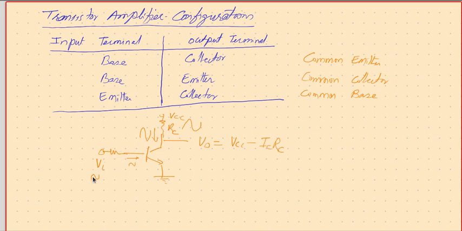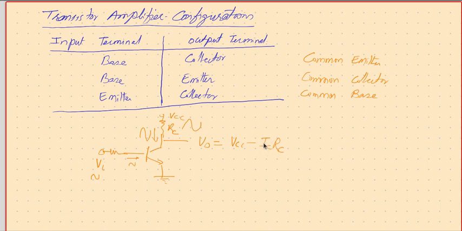So a small change in Vi produces a small change in current Ib. This small change in Ib will produce a large change in IC. A large change in IC, when made to flow through RC, will create a large change in voltage across RC.